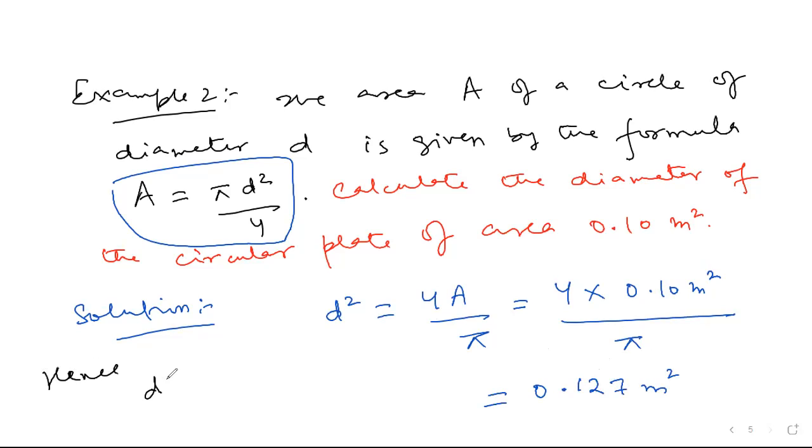D is square root of 0.127 meter square, which turns out to be 0.36 meter, right? This is our answer.